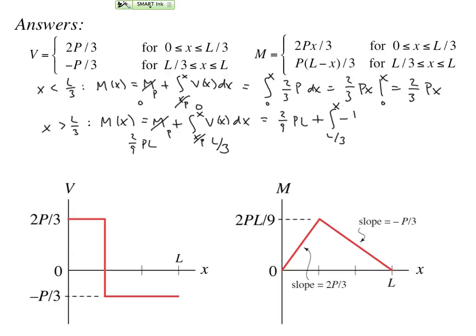V of x is now minus P over 3. Here's where we have to be careful about our lower limit.